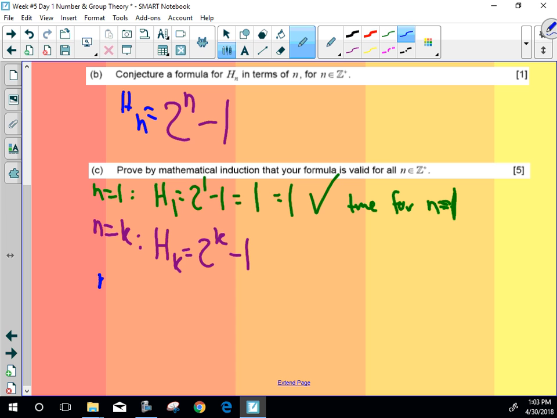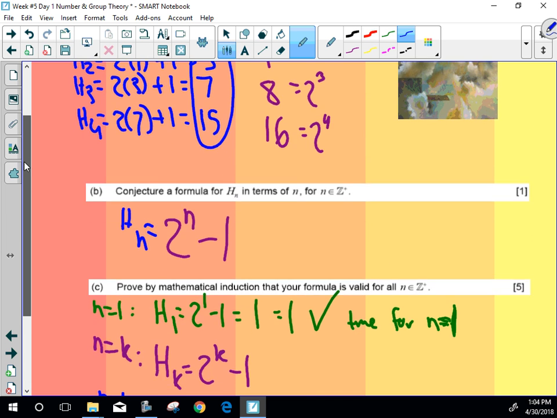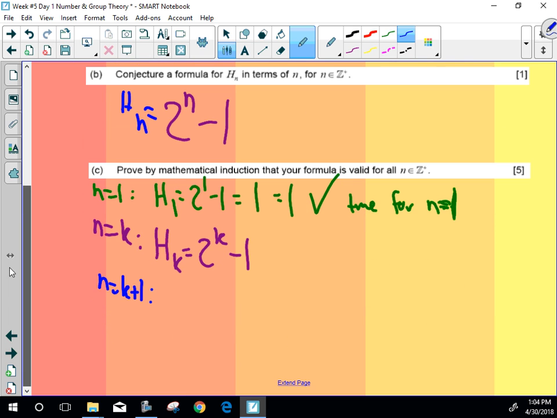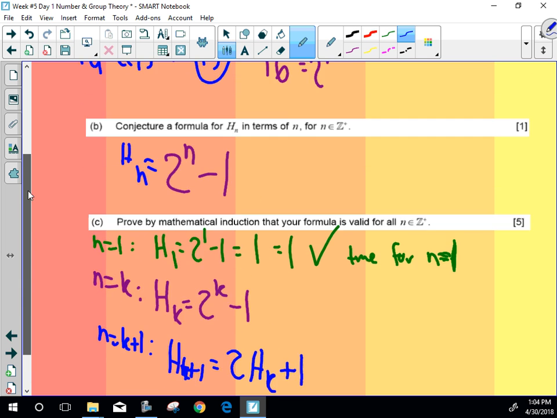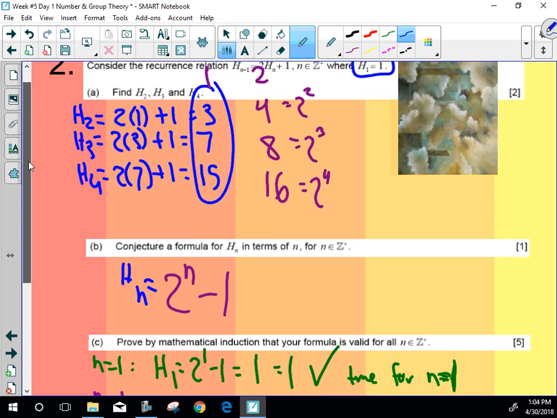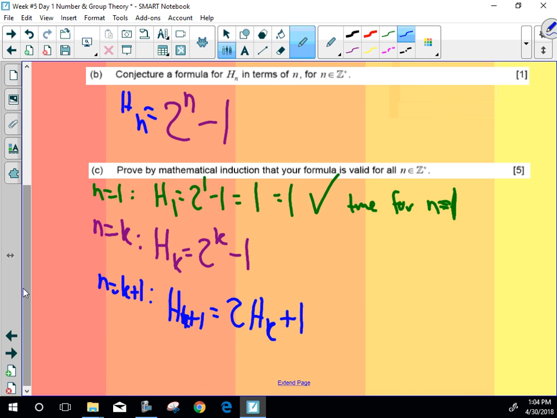We know for n equal to k plus 1 that the recursion formula h of k plus 1 is equal to 2 times h of k plus 1. I'm going to double check that. Yes. How can we use this to our advantage?